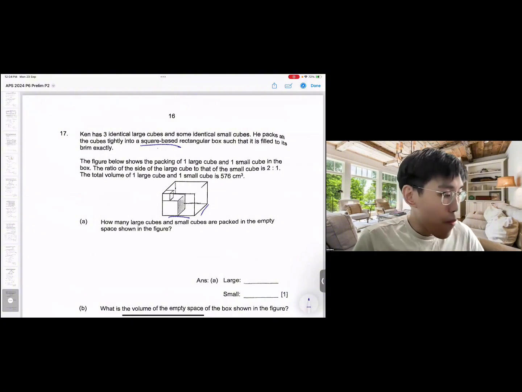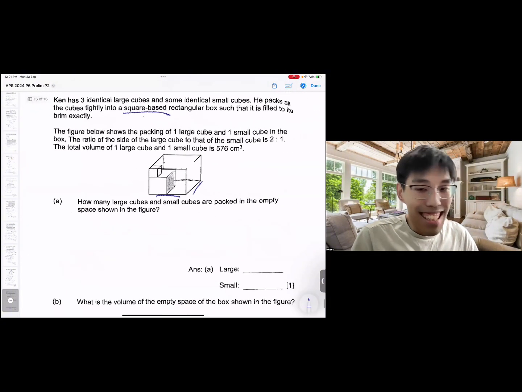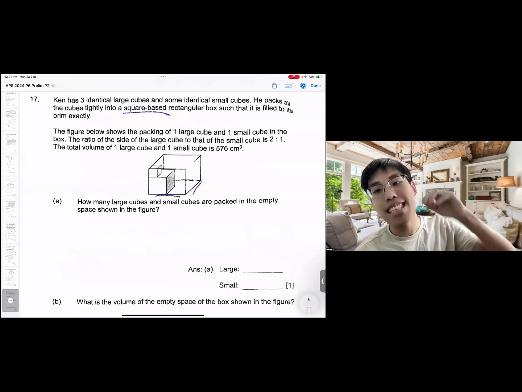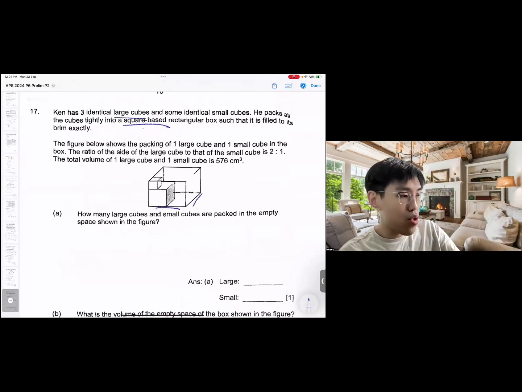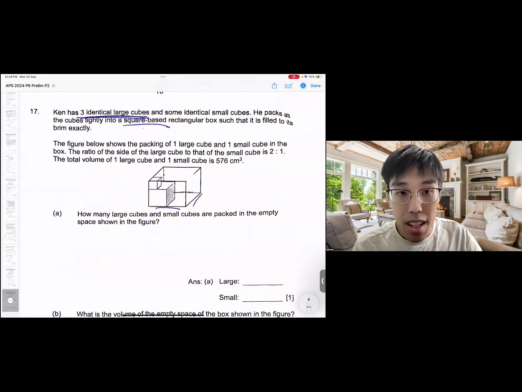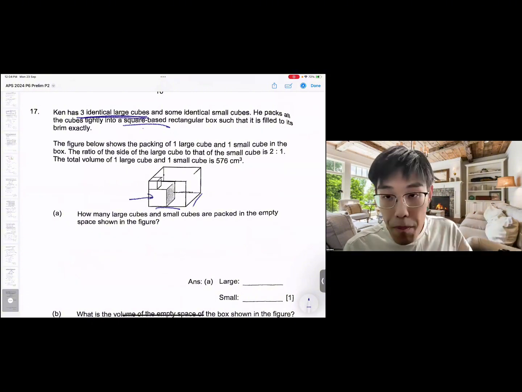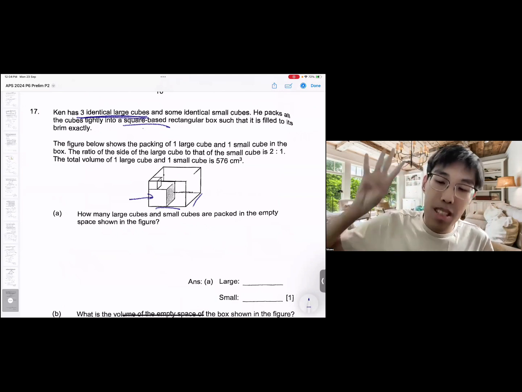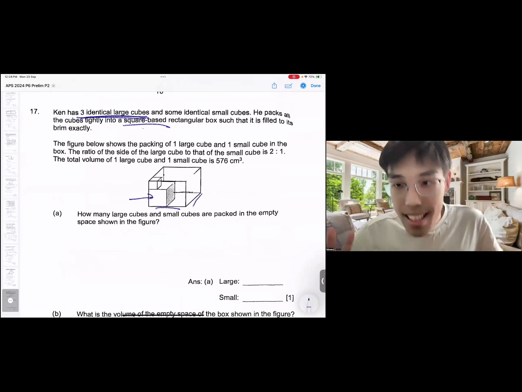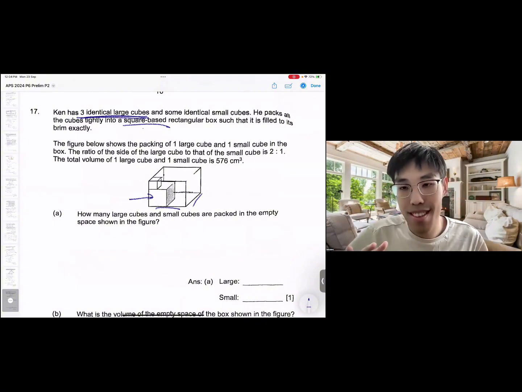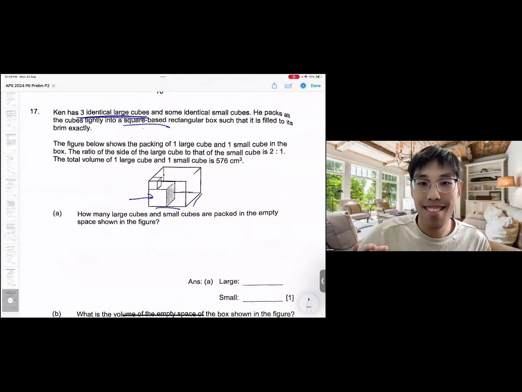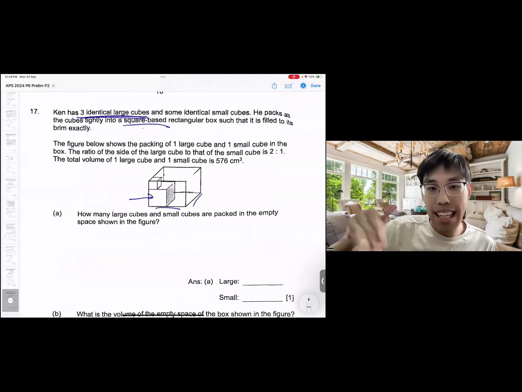Okay, so this one is very, very devious. Why? Because they already mentioned there are only 3 identical large cubes. Yes, you may be right in the sense that at the base level, it needs 4 large cubes. You are right. But they only have 3 large cubes to start off with. So we cannot just assume that I need 3 more large cubes.